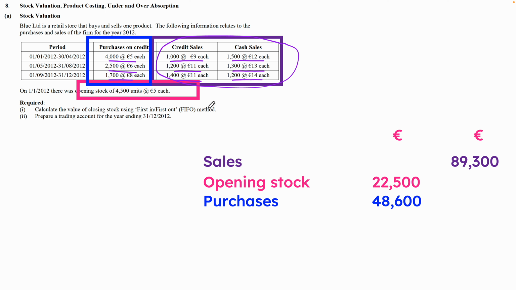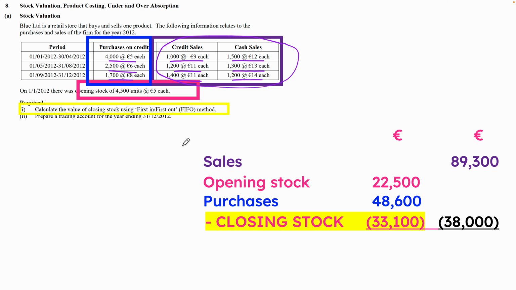And that gives us €48,600 in the purchases. Then we take away our 33,100 from part A. That gives us €38,000, leaving us with a gross profit there of €51,300. So that's the gross profit.